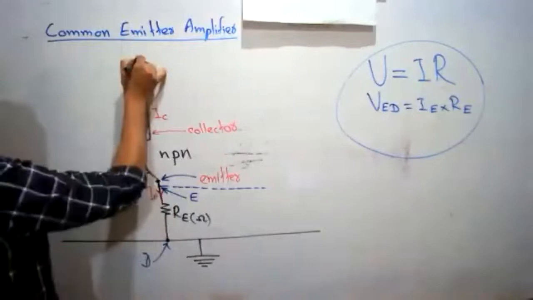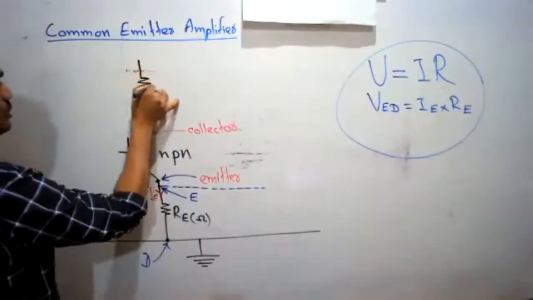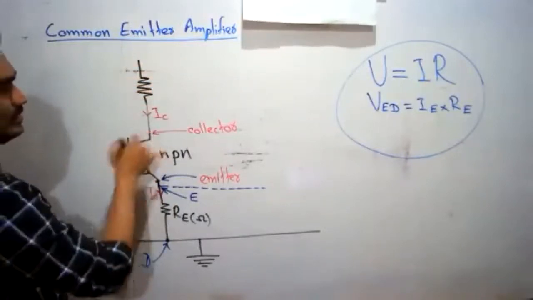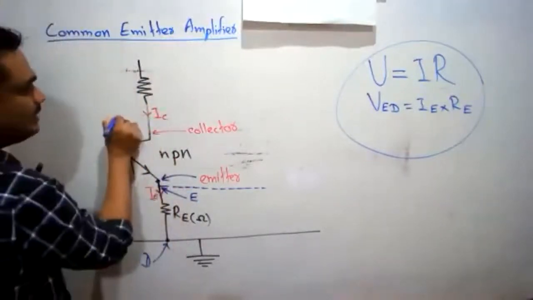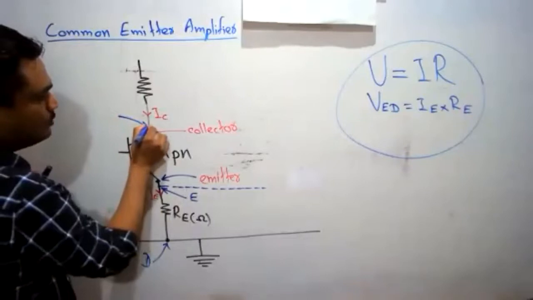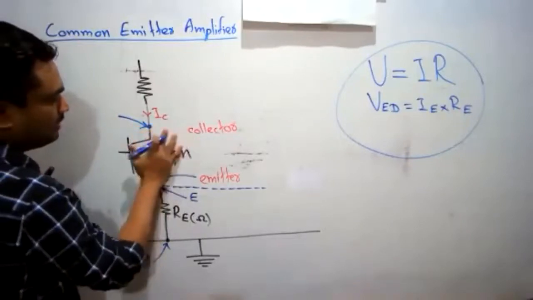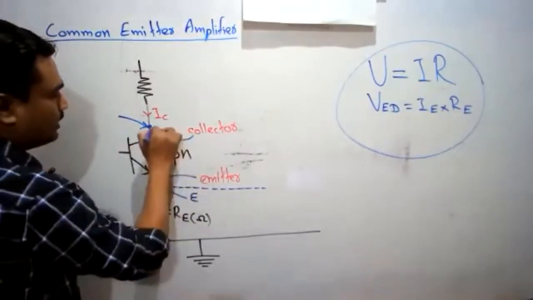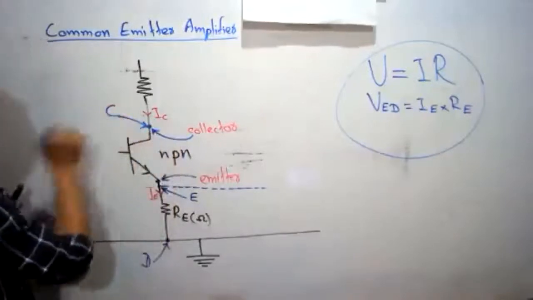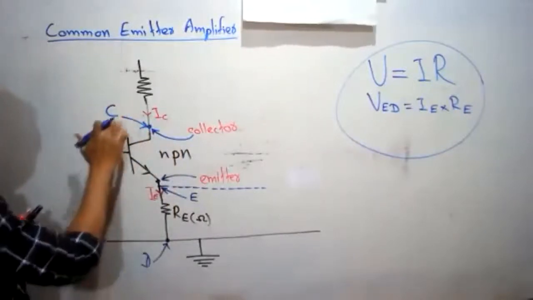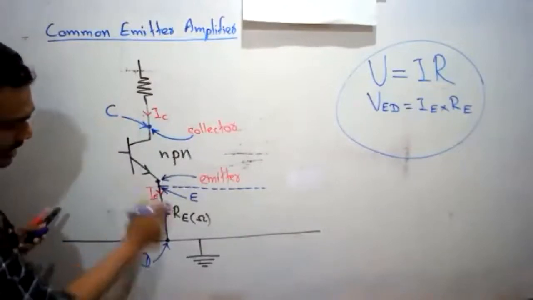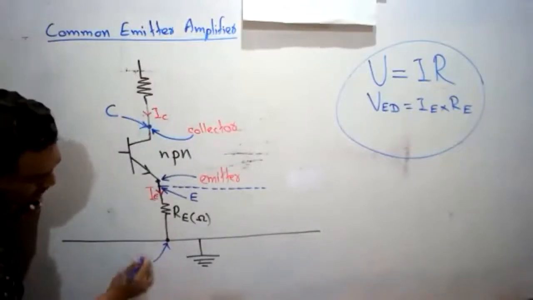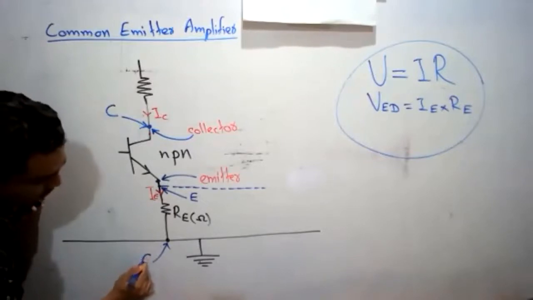Right. Then we connect a resistor to this point. This is said to be the collector. Collector point is normally indicated by the letter C. Let's say this is F. Sorry, C, E, F. That's better.